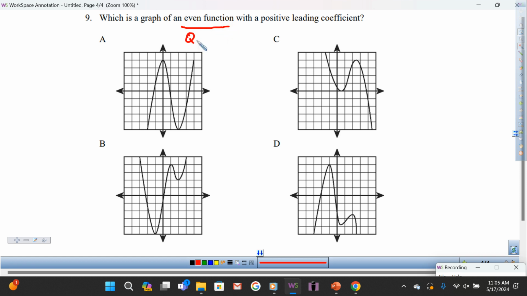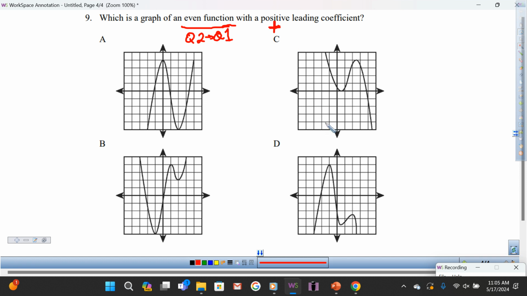I want to see you write this down on the study guide so I can see you understand. Even function, quadrant 2 goes to quadrant 1, starts at 2, ends at 1. It's positive. I want to see you label that, because if it's negative, then you label it negative.